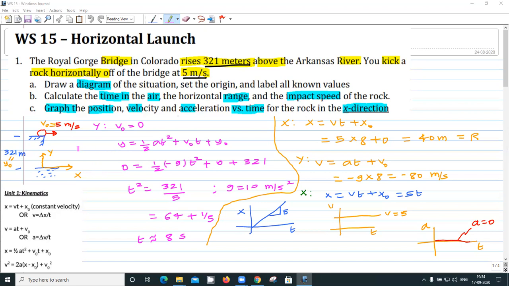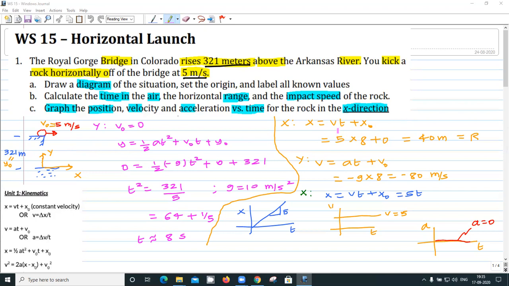Only when there is a force, there will be acceleration. The force is only vertically downwards, along y, so the acceleration will be only along the y direction. There is no force by the earth which will push it in the horizontal direction, so that is why in the x direction, acceleration is 0.